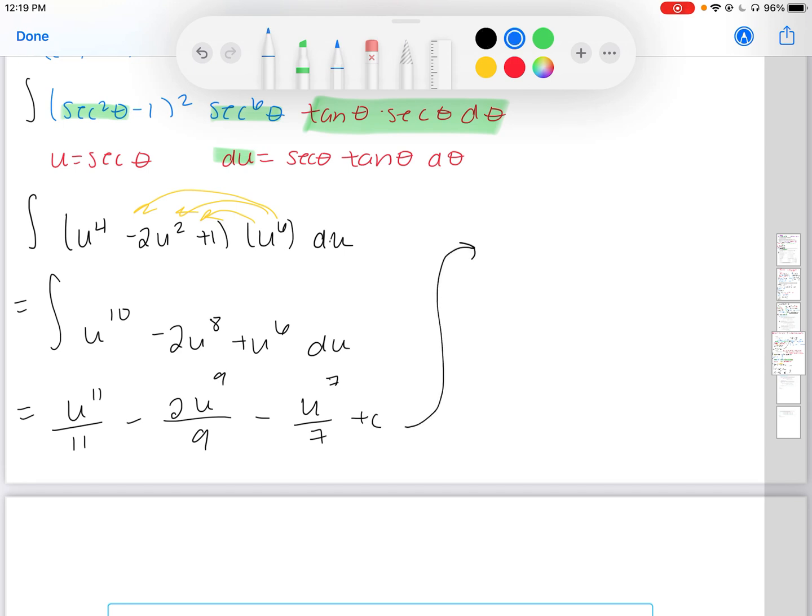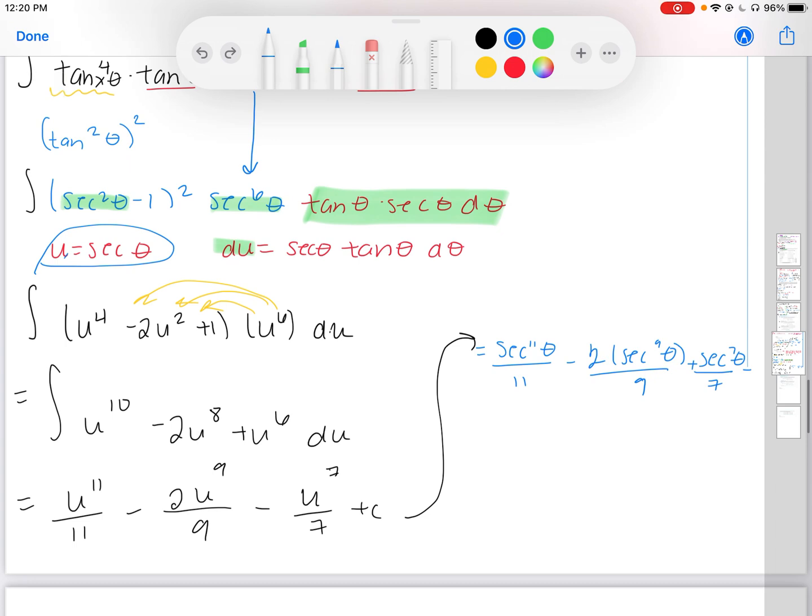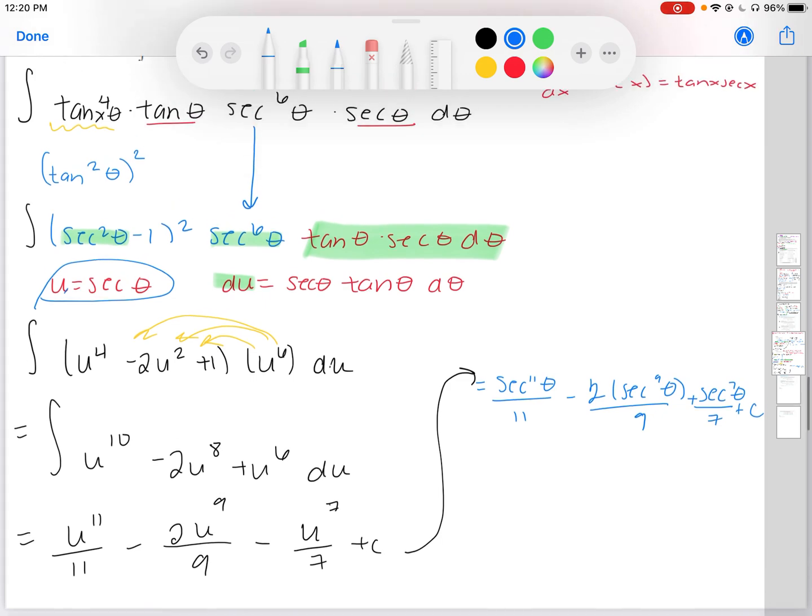Let's replace our u's with our secant, what it actually means. So our answer is secant to the 11th power theta divided by 11, minus 2 secant to the 9th power theta divided by 9, plus secant to the 7th power theta divided by 7, plus C. Alright, and there we have this problem here.